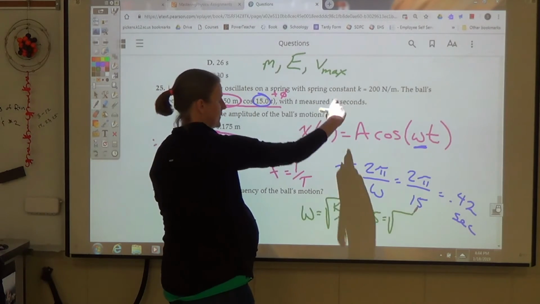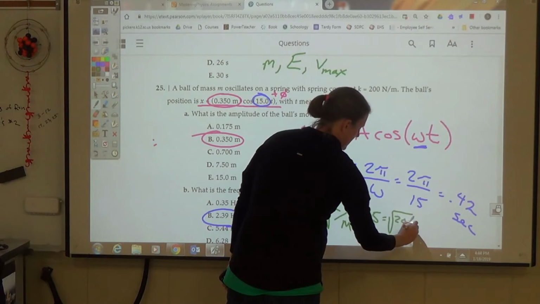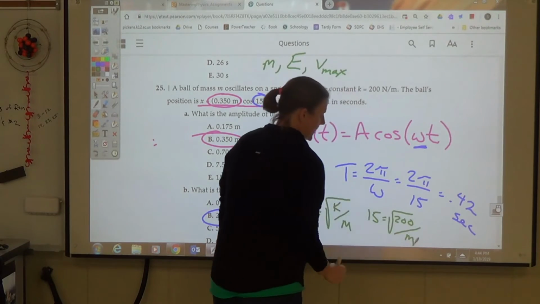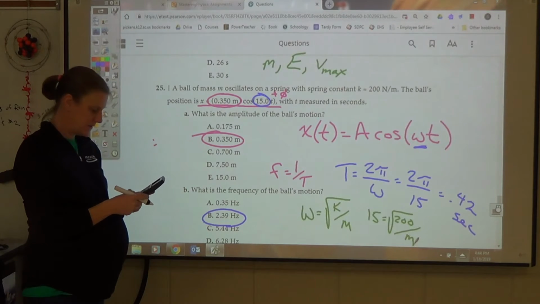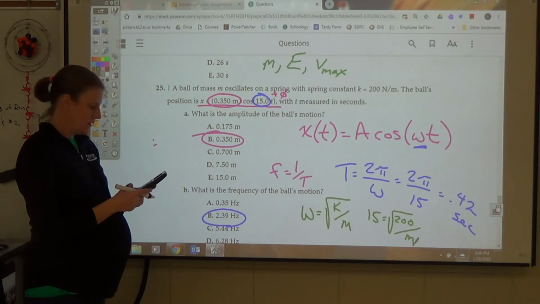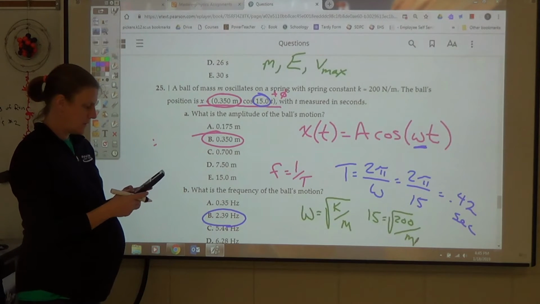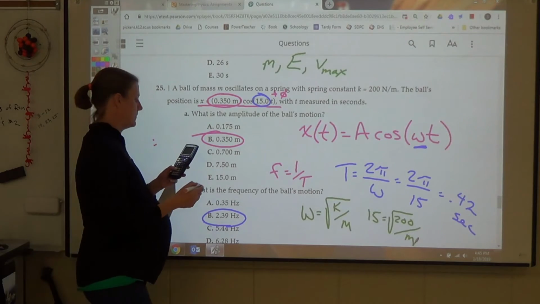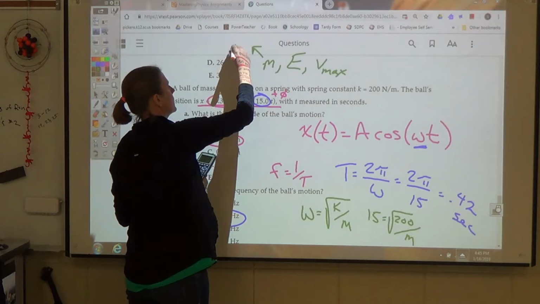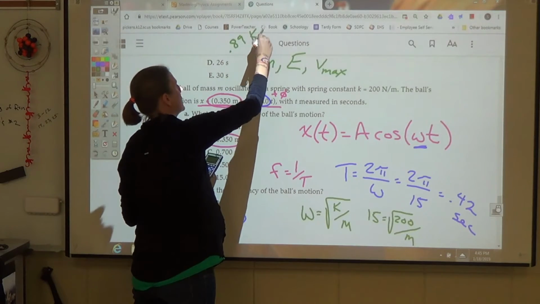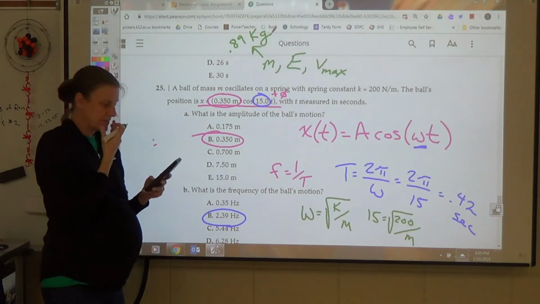Square root of 200 over m. So let's say I'll square both sides. 15 squared is 225, and then 200 divided by 225 gives me a mass of 0.89 kilograms.